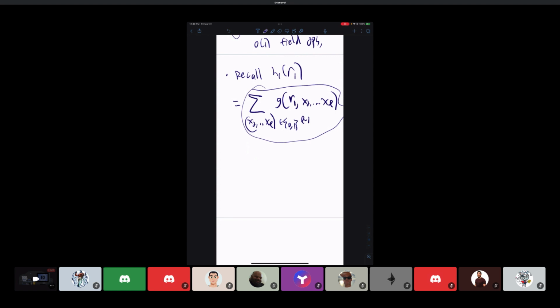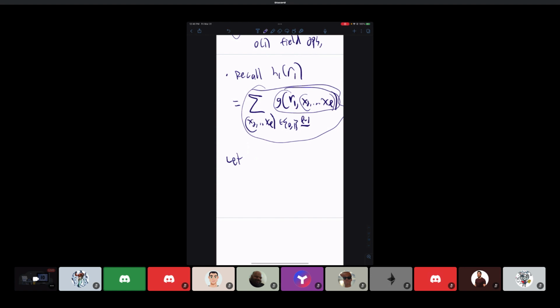So the verifier is not going to do this on its own. But fortunately, we can just use the sum check protocol. This is just a degree 2 polynomial in X2 up to XL, and the number of variables is now L minus 1 instead of L. So we're just going to apply sum check again to a polynomial in one fewer variable.